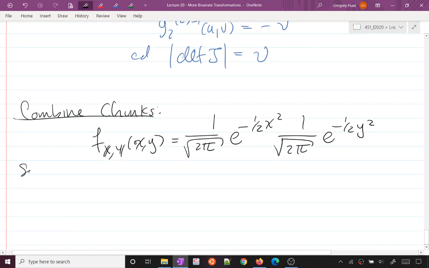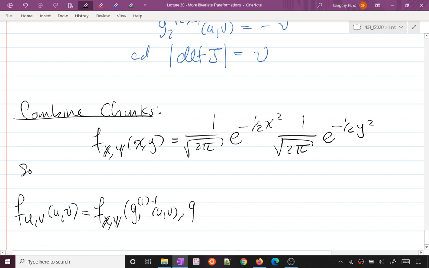And so for the joint PDF of u and v, there are going to be two things we're summing up because we have the two chunks. We have to sum up the part on A1 and the part on A2. Let me write it out. It's the joint PDF of x and y evaluated at g1 on chunk 1 inverse of (u,v) and g2 on chunk 1 inverse of (u,v), and then we multiply by the Jacobian determinant, which is v.